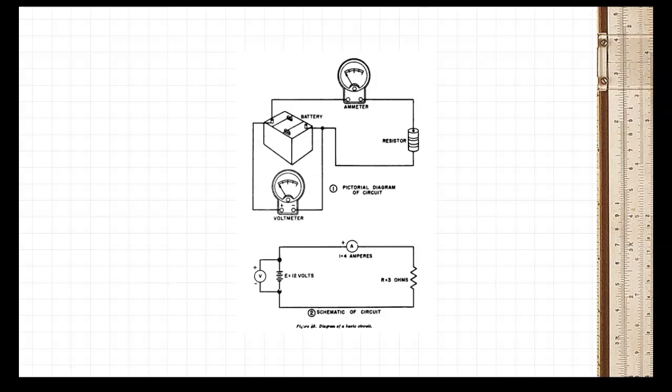All right, so let's look at this real quick. Again, we were talking about the fact that a schematic is a basic line drawing, as simplified as can be. Which one of these takes up more space on a paper? This one on top, right?